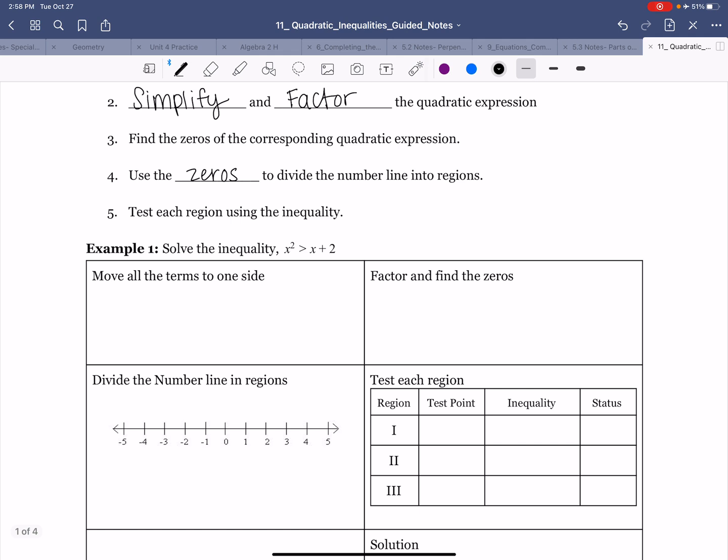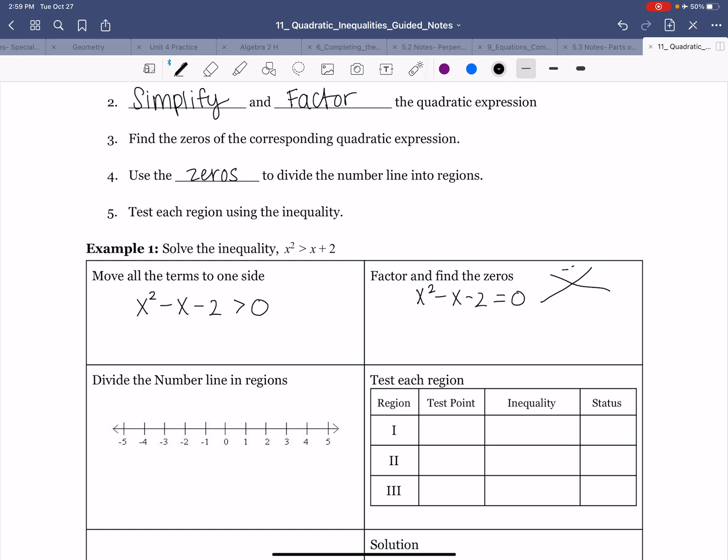So for our example, we're going to start with this. X squared is greater than x plus 2. So step 1, we're going to move everything to one side. So I'm going to get x squared minus x minus 2 is greater than 0. Next, we're going to factor and find the zeros. So we're looking at x squared minus x minus 2 equals 0.